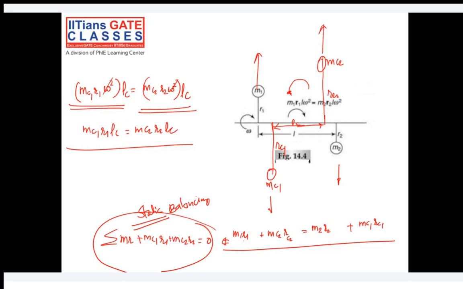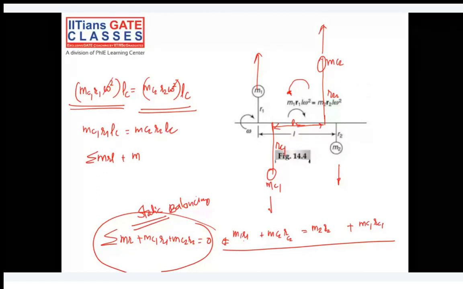So I can, in general, write, this is for just two masses. If we have more masses, in general I can write summation of MRL plus the couple, like MC.